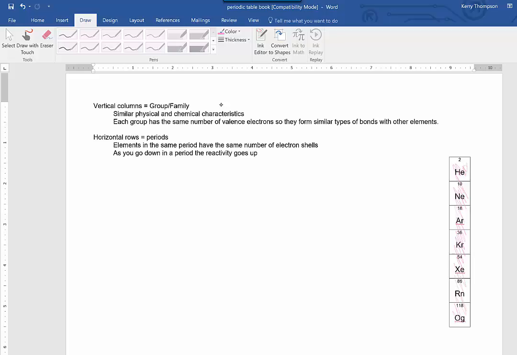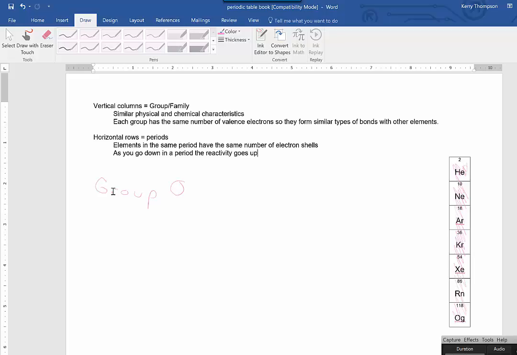Now, one of the things that I have found useful in doing these previously is to make sure that these pages stay color coordinated. So not only are we talking about the periodic table in general, but let's be specific about this particular column. I know I've been saying row, I apologize.